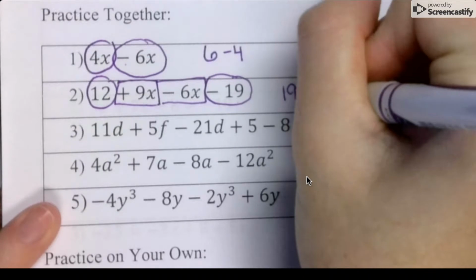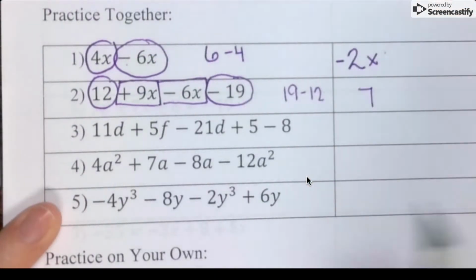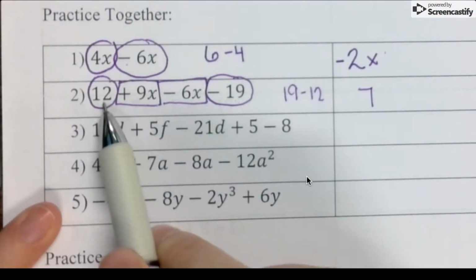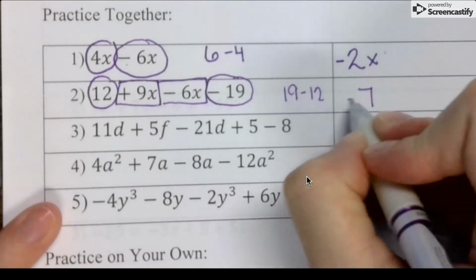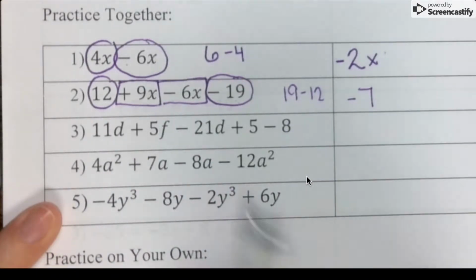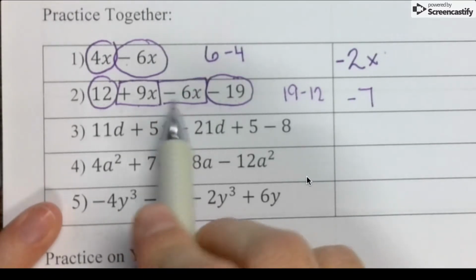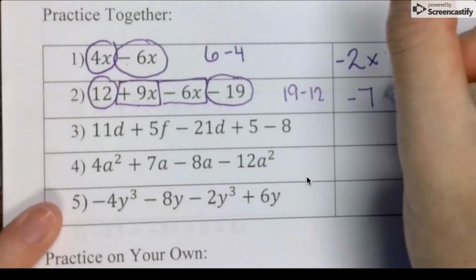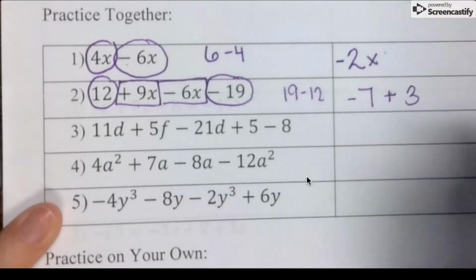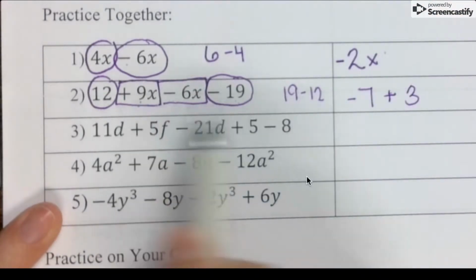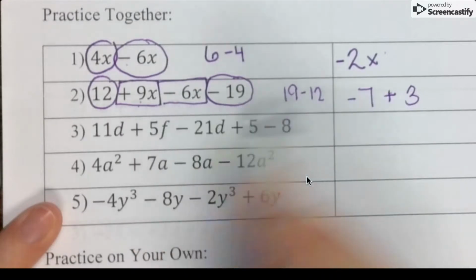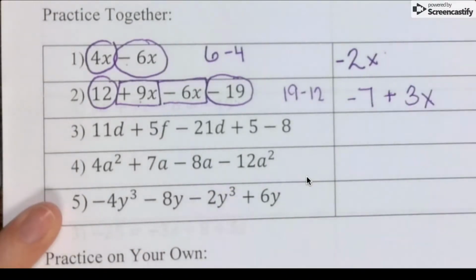So 19 minus 12 is 7. Is 19 farther away from 0 or 12? 19. So this is going to be minus 7. I have positive 9 and negative 6. Well, 9 minus 6 is easy. So 3, and 9 is farther from 0, which is why it's plus. And then I'm just going to add the x.